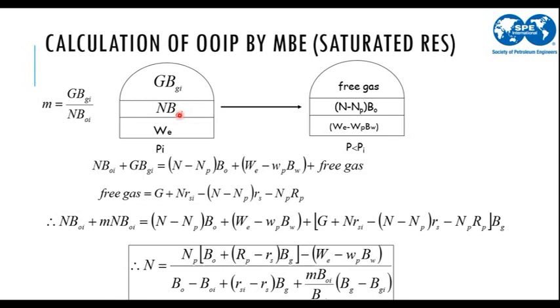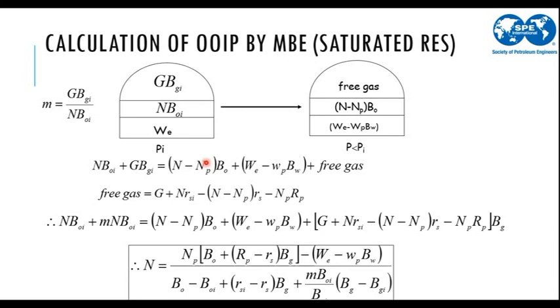And the last thing is WE, is the water influx or the water drive mechanism for the combination reservoir. Imagine that, and we have the initial pressure of the reservoir, P initial. After a time, delta T, you would find that there was some free gas that evolved from the reservoir due to the depletion of the well.